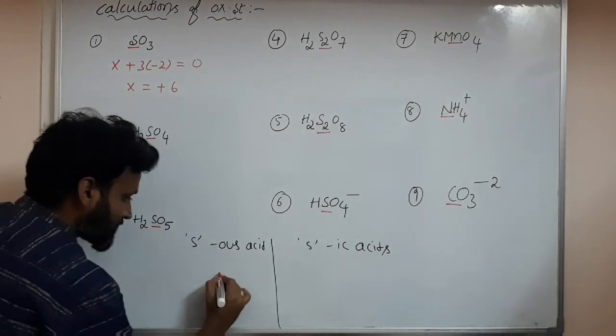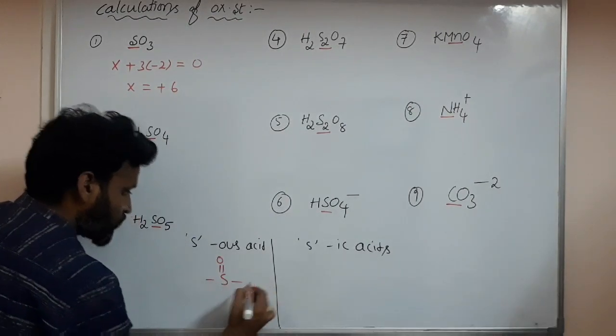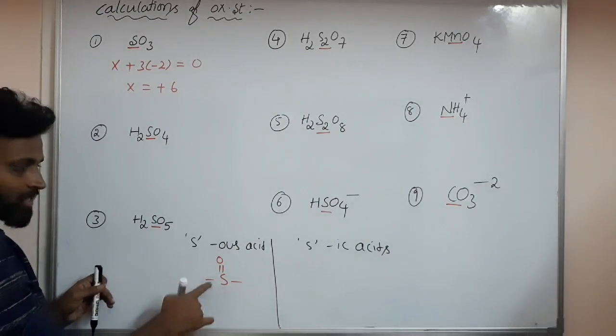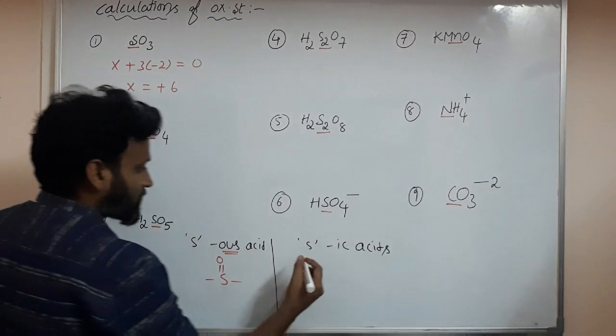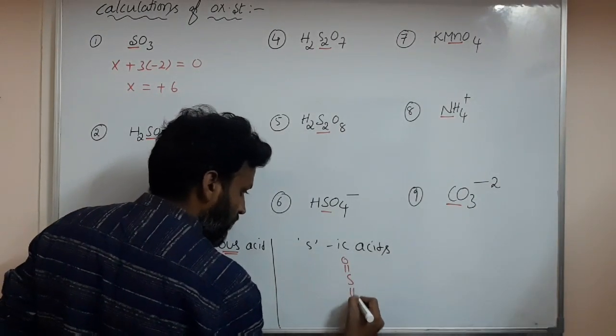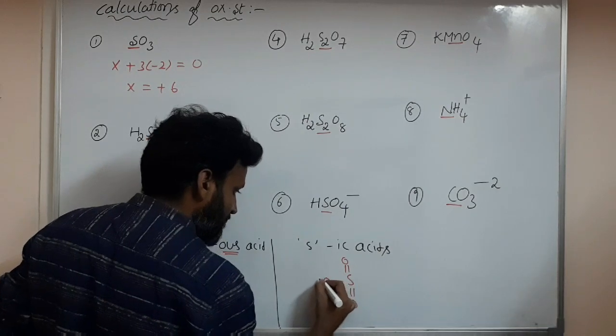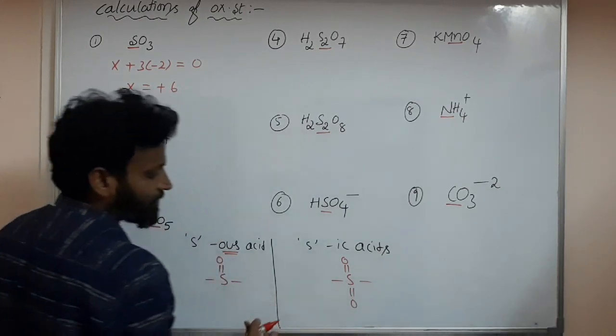Us acids have a skeleton structure, S double bond O and 2 single bonds. This is the skeleton structure of us acid. Sulfuric acids have S double bond O and single bonds, like this.